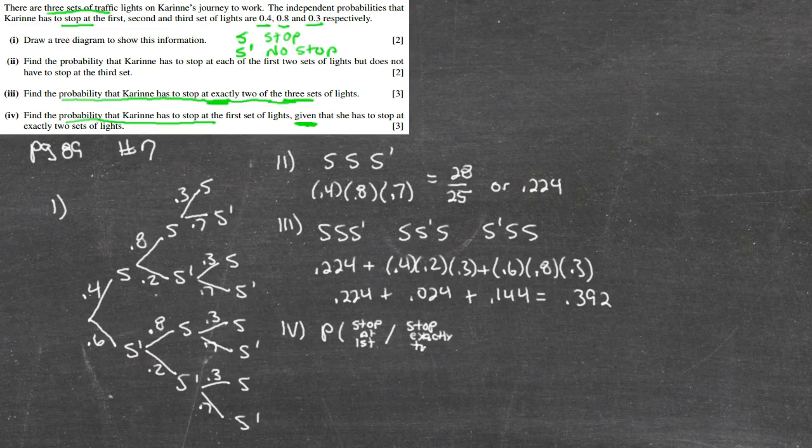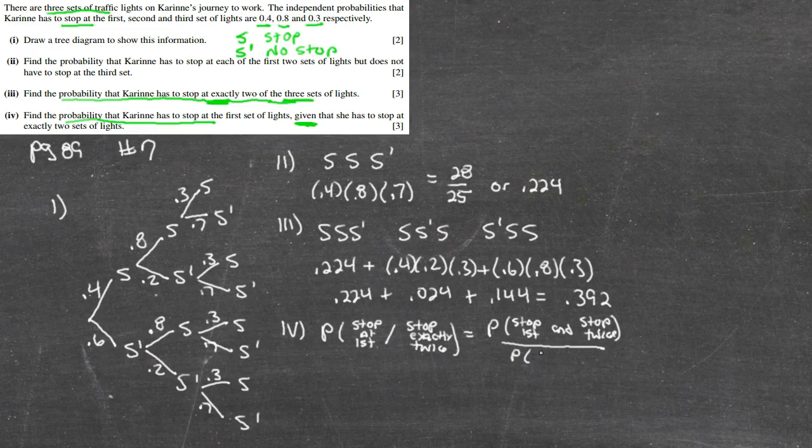All right, now the way this works is we got to find the probability of her stopping at the first and then stopping exactly twice. And then we're going to divide that by the probability of her stopping twice.